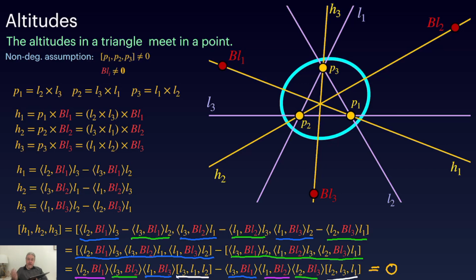So the altitudes meeting in a point is way more general, and it looks like, if you just look at it from a Euclidean perspective, it holds essentially in all the Cayley Klein geometries as long as these non-degeneracy conditions are satisfied.